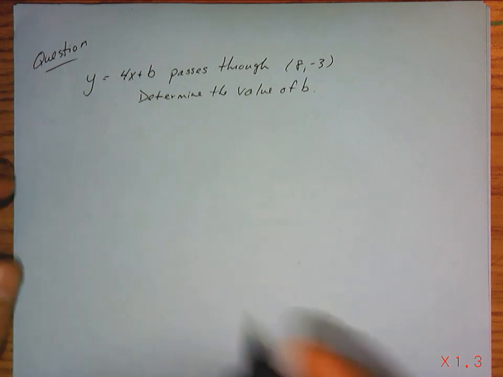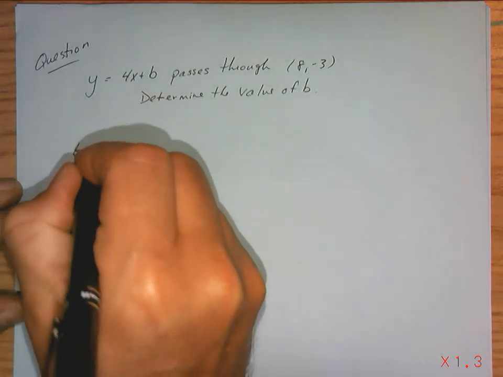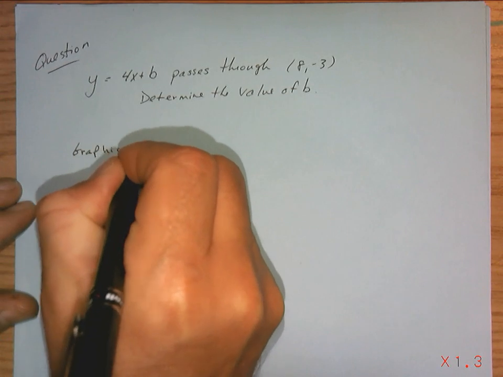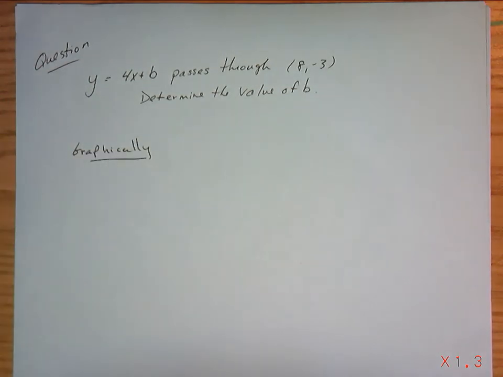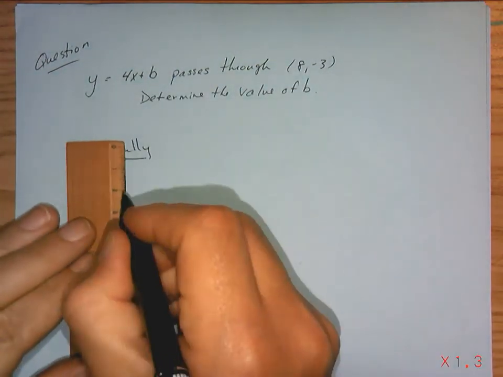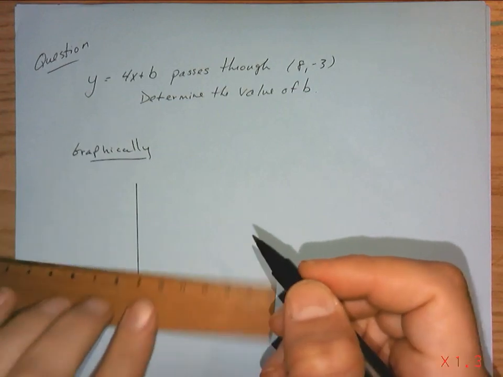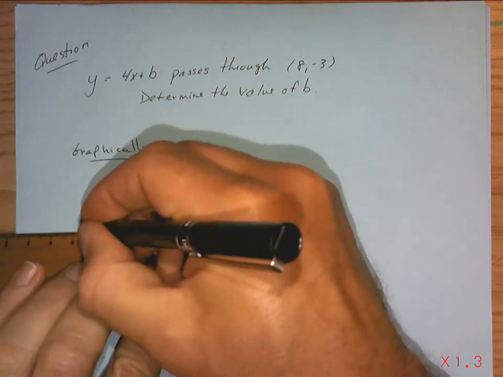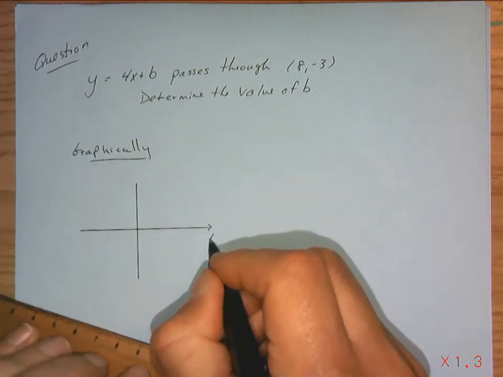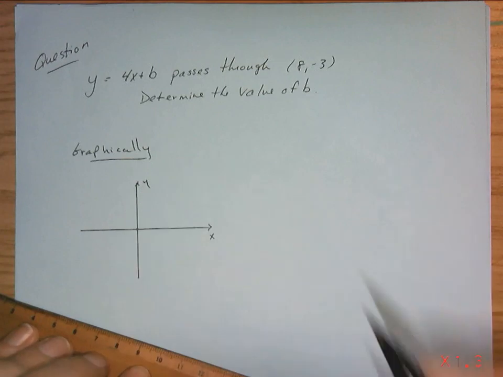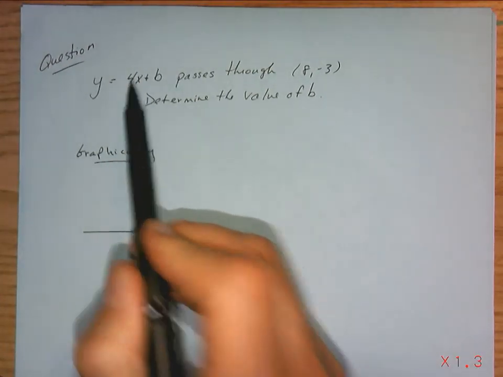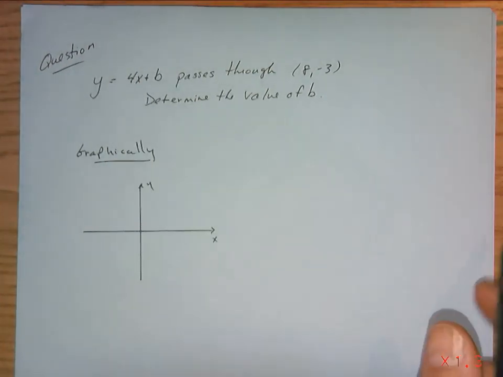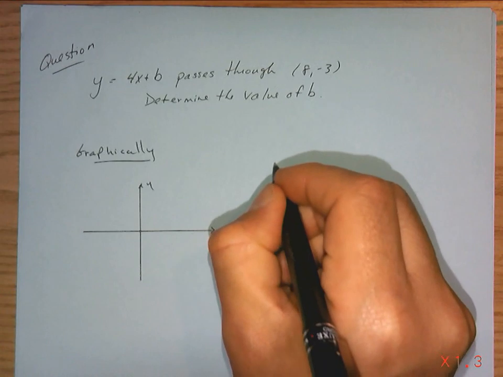So, graphically, we know something here. We know that we have a line. Now, lines are graphed on a Cartesian plane with a horizontal x-axis and a vertical y-axis. And we know that we have a line here, y equals 4x plus b. And we know a few things about that line.